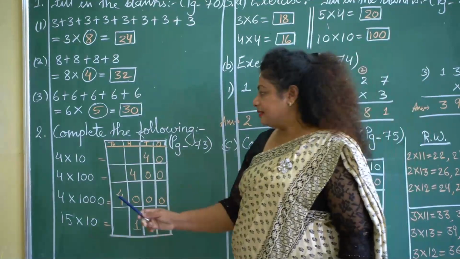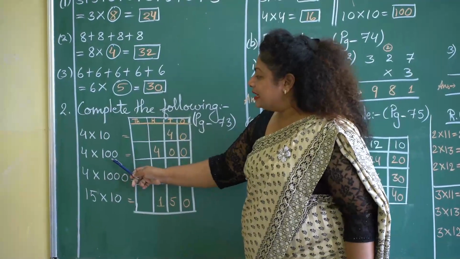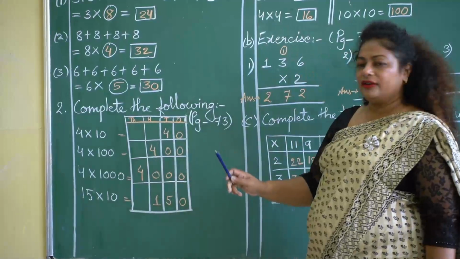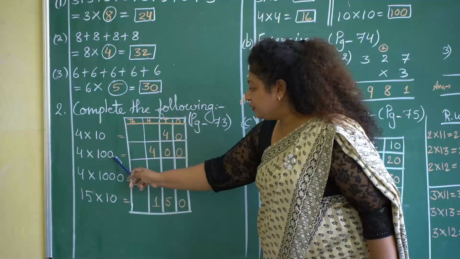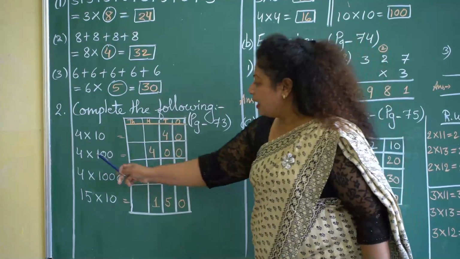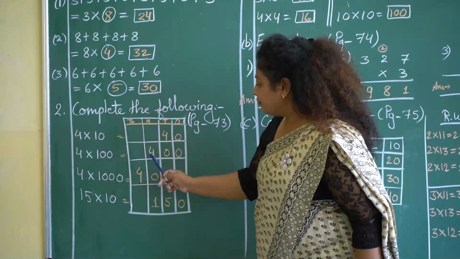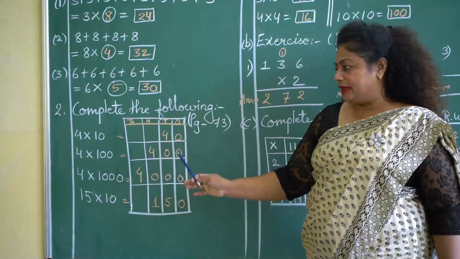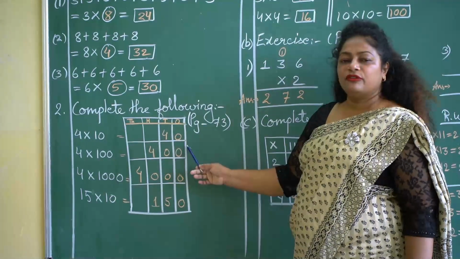Let us see the next sum. 4 multiplied by 100 will give you 400. How? 4 zeros are 0, 4 zeros are 0 and 4 1s are 4. This is how we have solved this table. So the answer we got is 400.